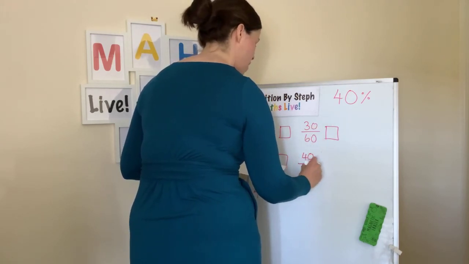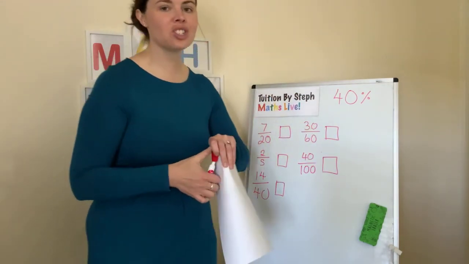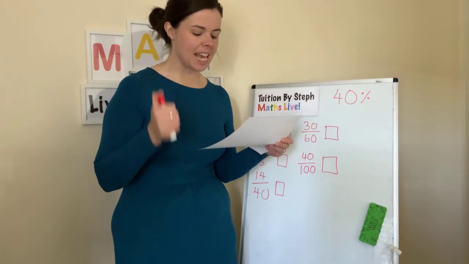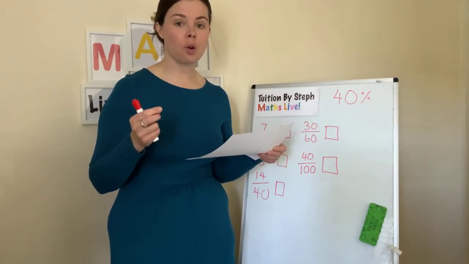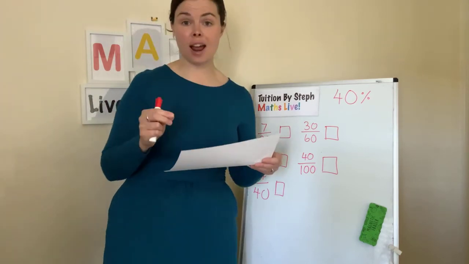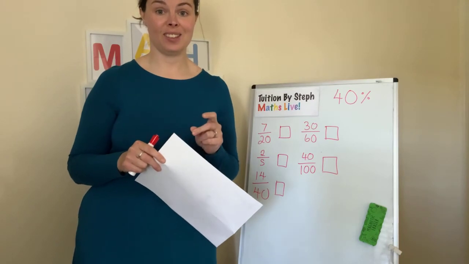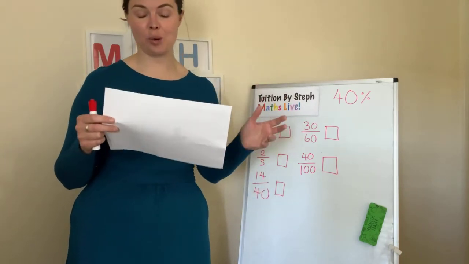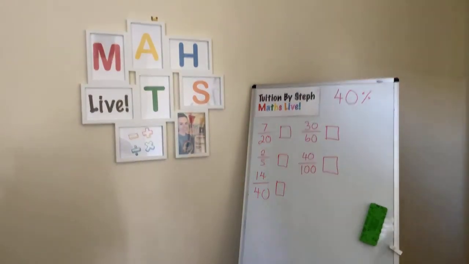Now, I'm going to give you a little hint. Well, not a little hint, a big hint. The question says, tick the fractions, plural. So when it says tick the fractions, that means there must be more than one answer. Simple hint in the question. So you know now there's more than one answer.